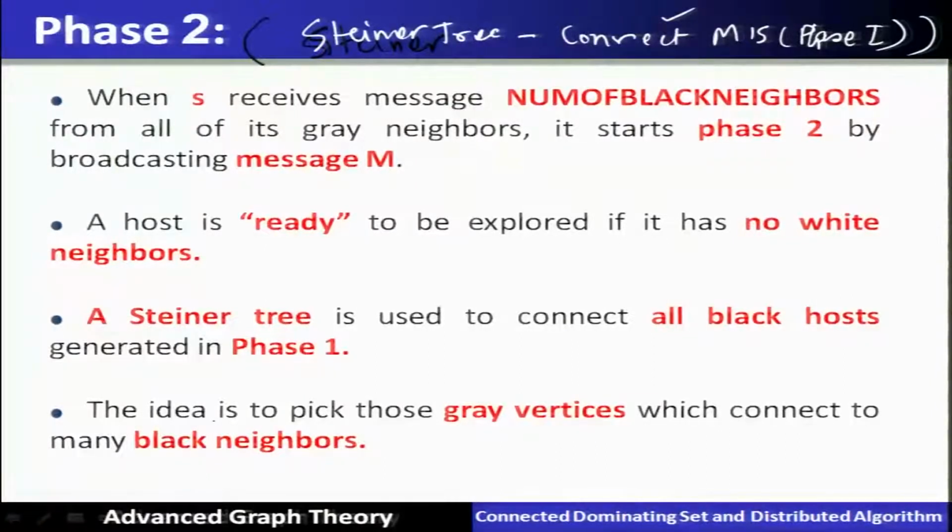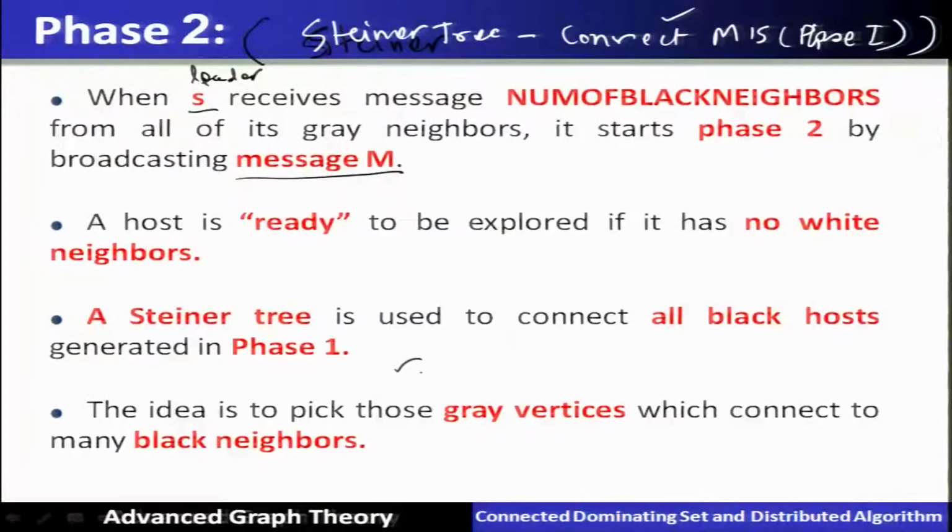Now, S here is basically the leader node. When the leader receives the message, number of black neighbors, from all of its gray neighbors, it starts phase 2 by broadcasting a message M. A host is ready to be explored if it has no white neighbors. A Steiner tree is used to connect all the black hosts generated in phase 1.